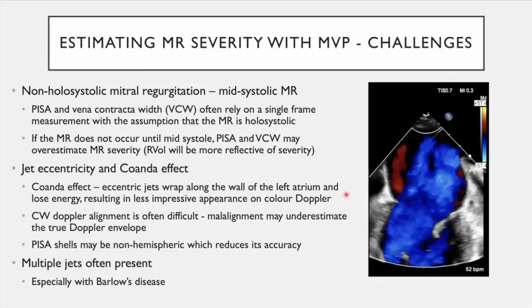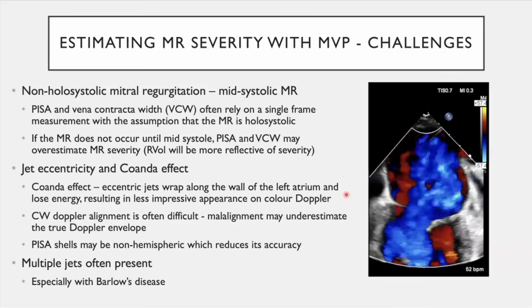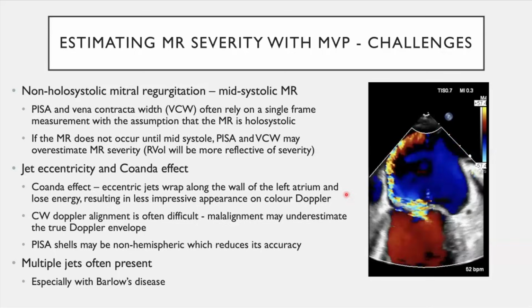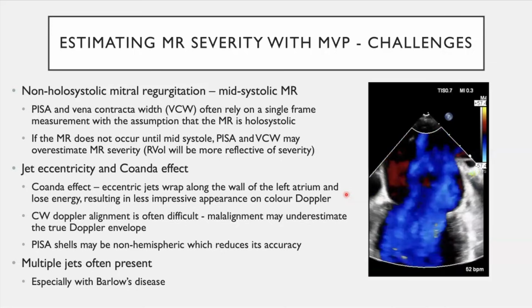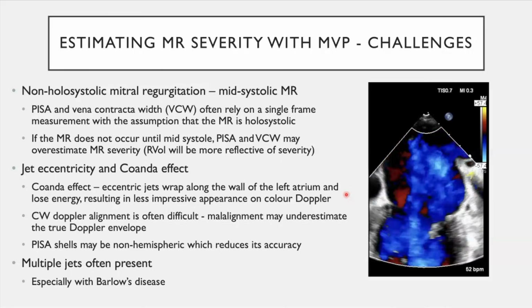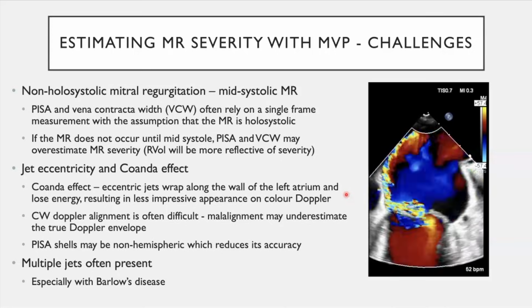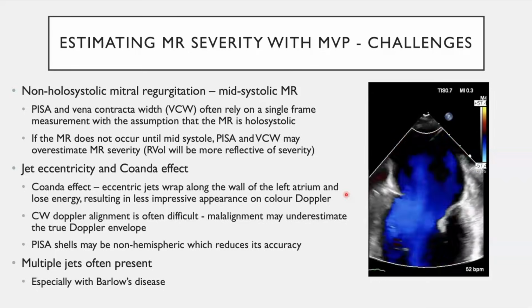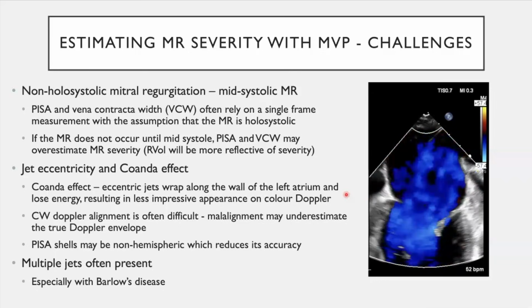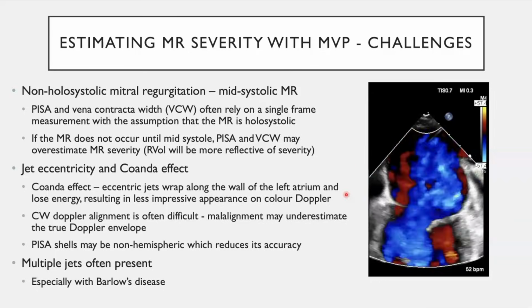This is where a very eccentric jet wraps along the wall of the left atrium, and by doing so, it loses a lot of energy, and can result in a less impressive appearance on color Doppler. Again, it's important to cover the entire receiving chamber when evaluating mitral regurgitation, especially with mitral valve prolapse, as you can easily miss a very eccentric jet if you're not covering the entire left atrium due to this Coanda effect.